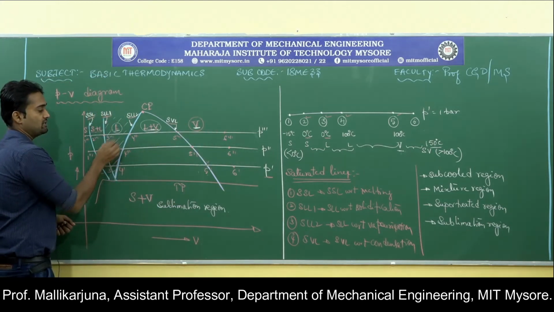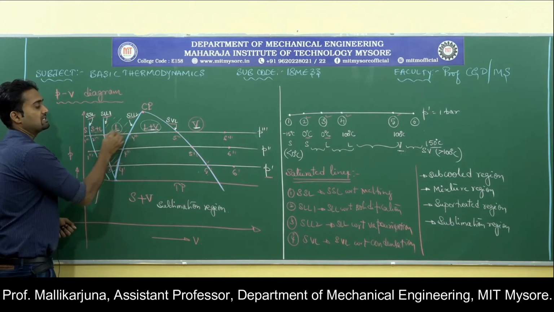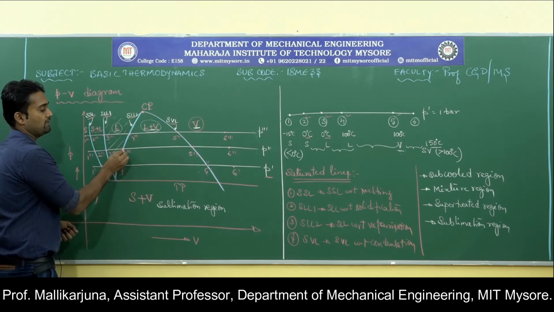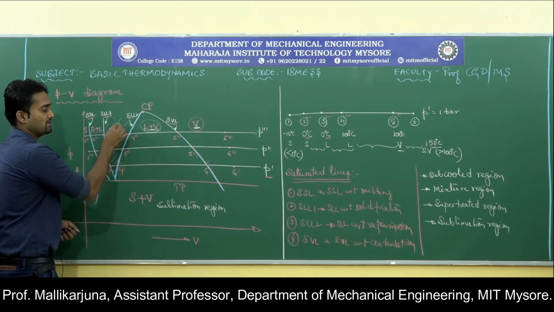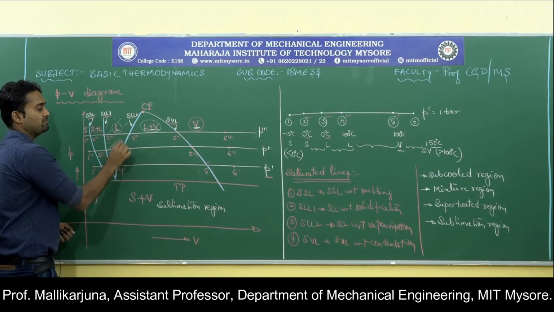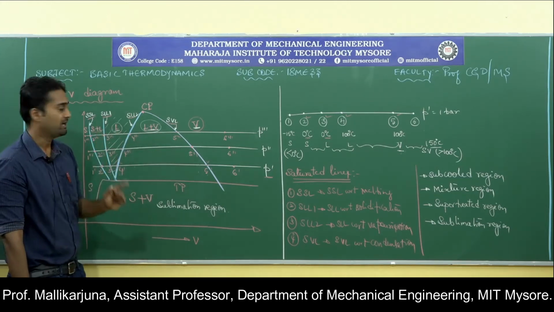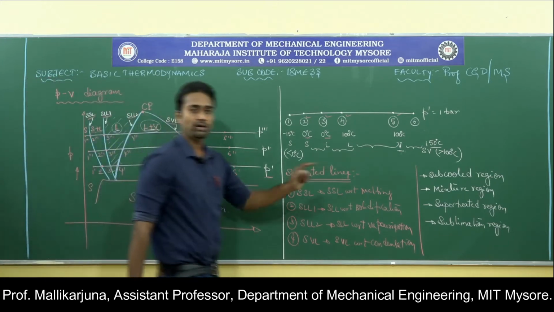Look onto the temperature at this region. Temperature is less than the saturation. Where does the saturation temperature come? At 4, 4 dash, 4 double dash, 4 triple dash. That means irrespective of the pressure, the temperature is less than the saturation temperature in the subcooled region.